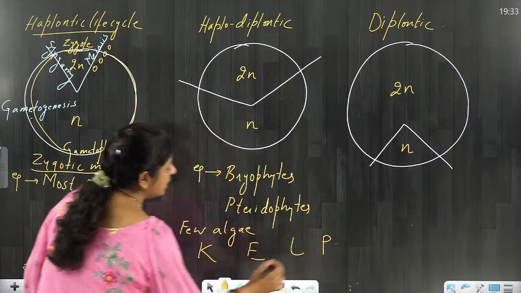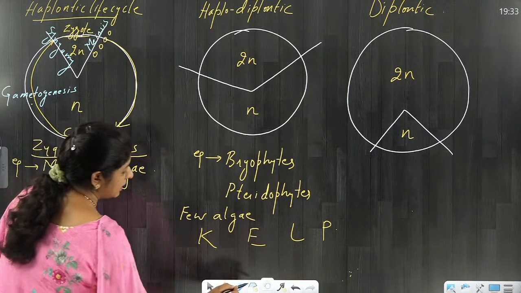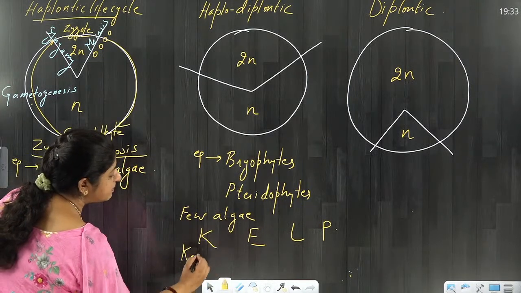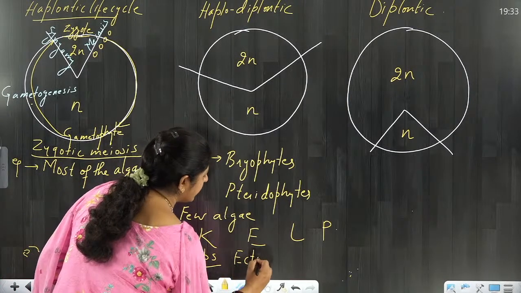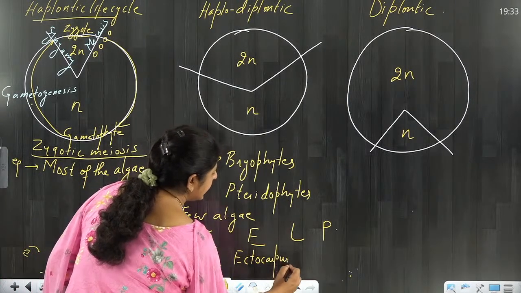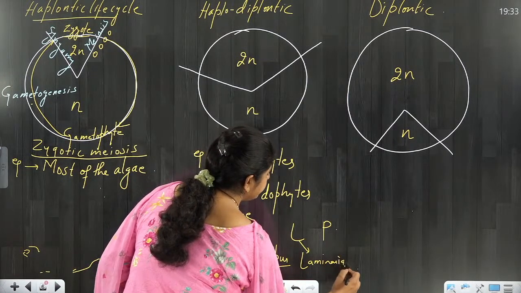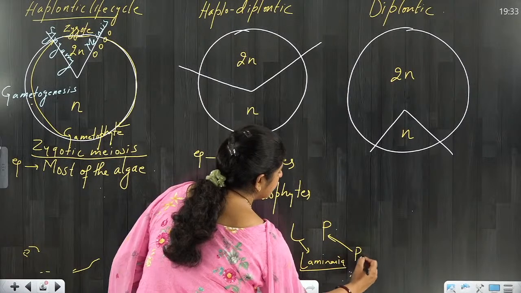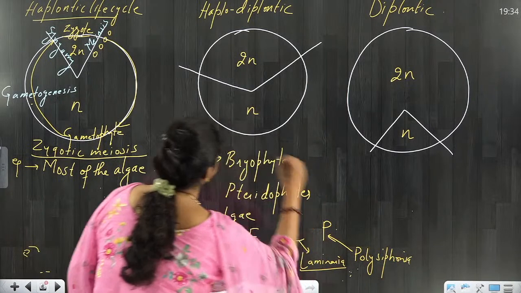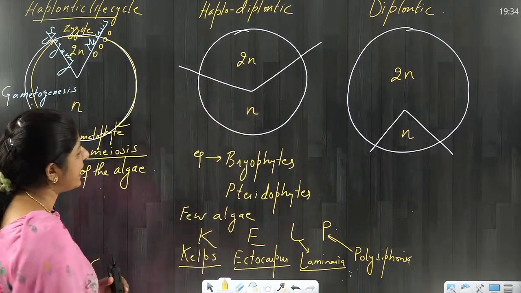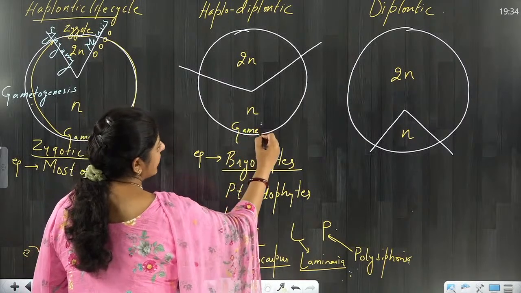K-E-L-P, kelp, where K stands for kelps itself, brown alga, E stands for Ectocarpus, L stands for Laminaria, and P stands for Polysiphonia. These show which type of life cycle? Haplodiplontic.